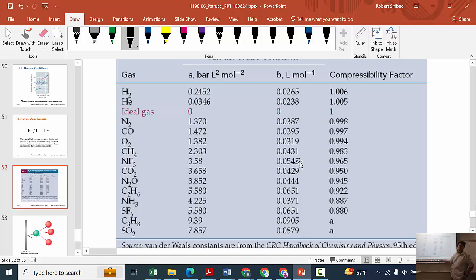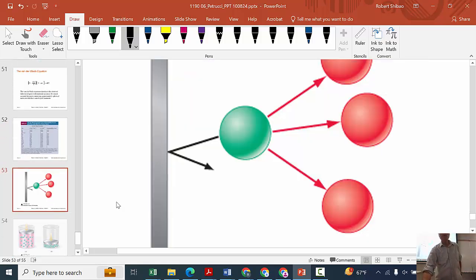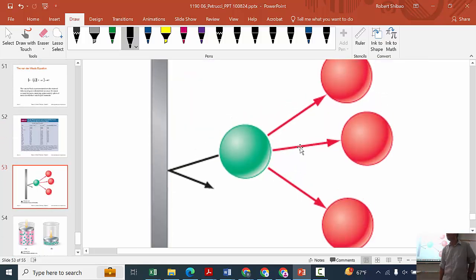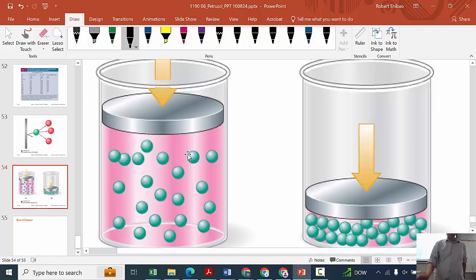And then we have the compressibility factor. So doing this conceptually here, intermolecular forces are going to weaken the pressure here, because the molecules are kind of sticky. So this is showing these three are holding this back from colliding forcefully with the wall. Particle volume screws things up as well.